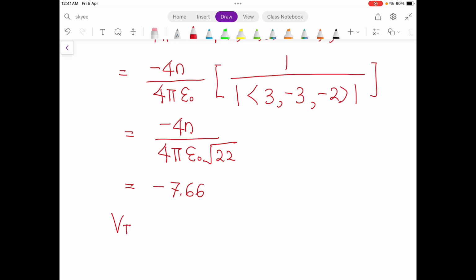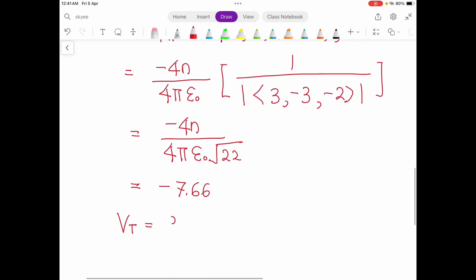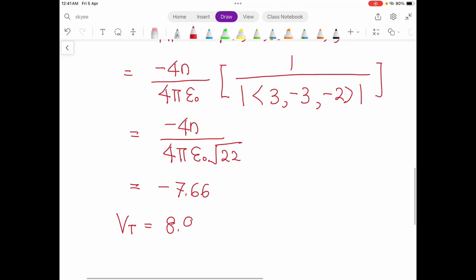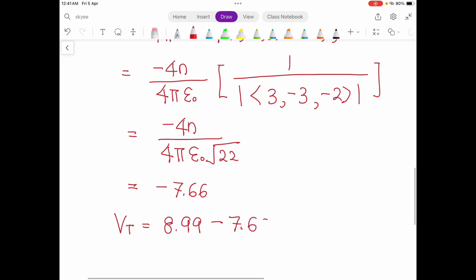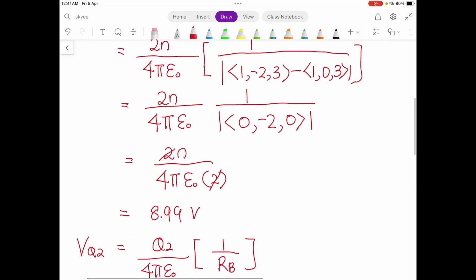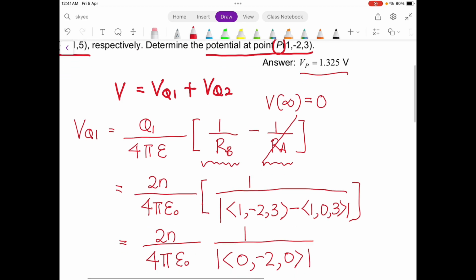So the V total would be minus 1.33 volts. Okay, 1.325, approximately that.